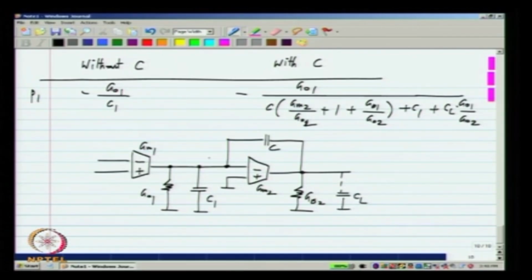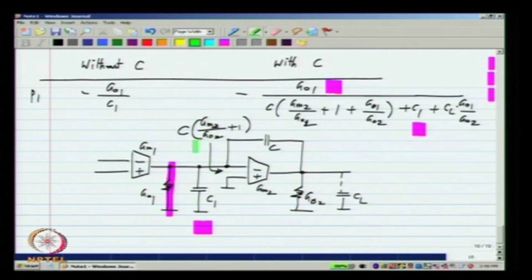So, approximately looking into this, we see a Miller multiplied capacitance C times Gm2 by Go2 plus 1. Okay. So, what do we have? We have a conductance Go1 that is there, we have a capacitance C1 that is there, and we have a Miller multiplied capacitance which is there.